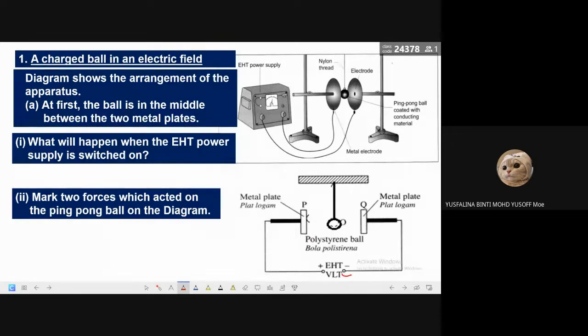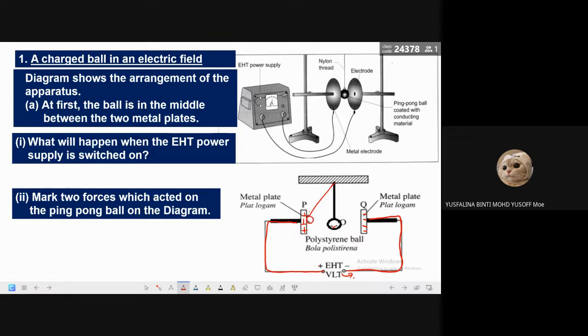But then, when I switch on the voltage, the power supply here, and I touch the polystyrene ball, let's say to this positive plate, how do I know this one is positive? It is from here: this one is positive, and this one is negative. So let's say I touch the polystyrene ball to plate P. So what will happen here?